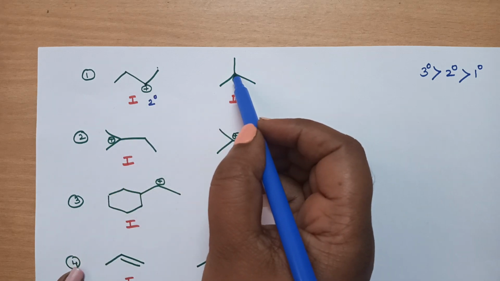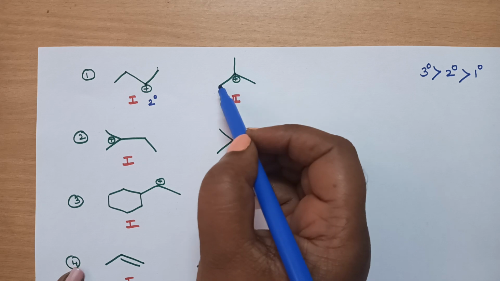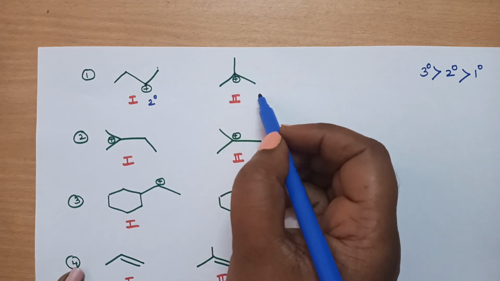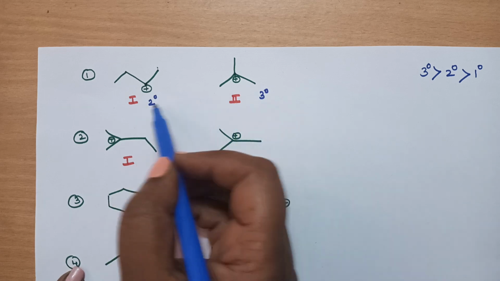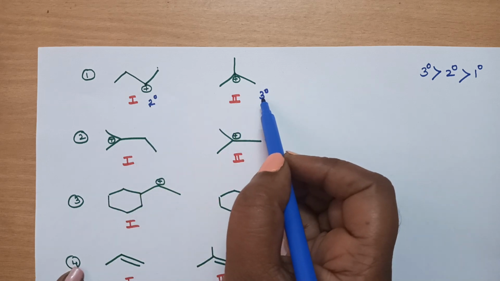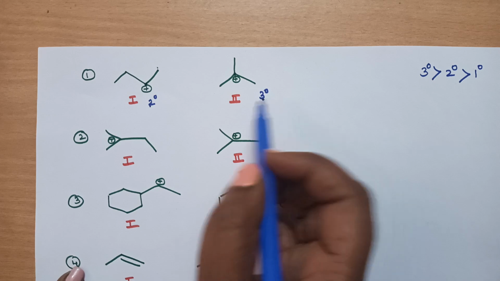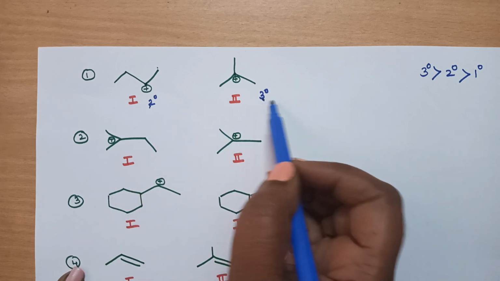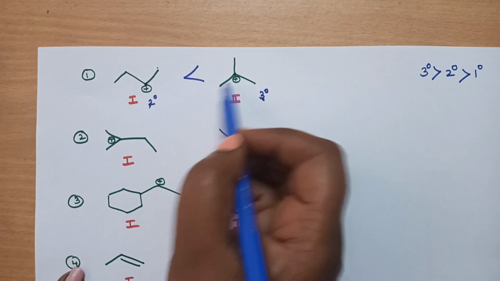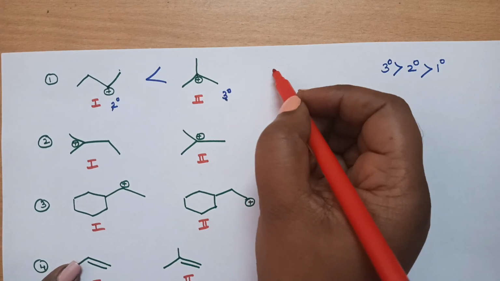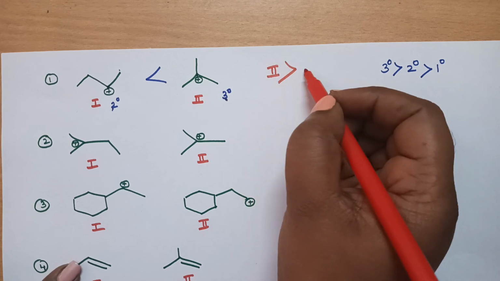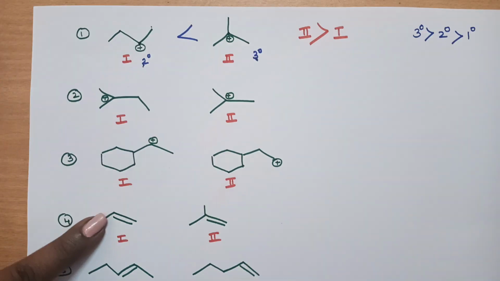Here this carbocation is connected to 1, 2, 3. Tertiary carbocation. So which is more stable now? Secondary or tertiary? It is tertiary. So this is more stable. That is, structure 2 is more stable than structure 1.